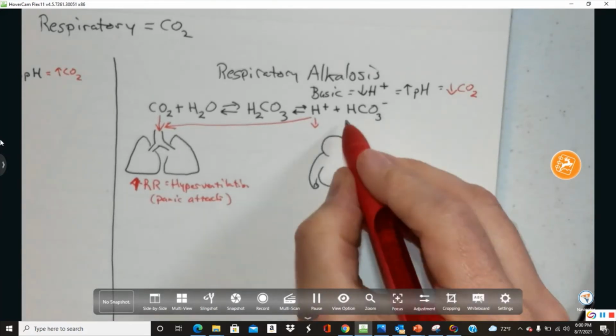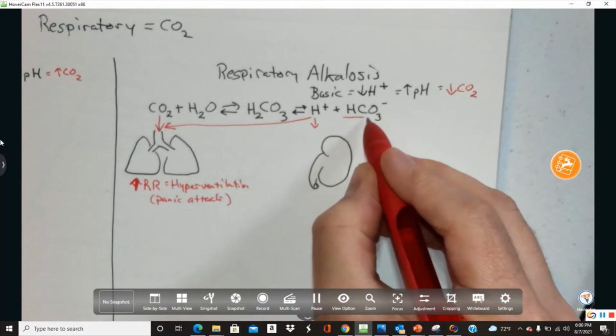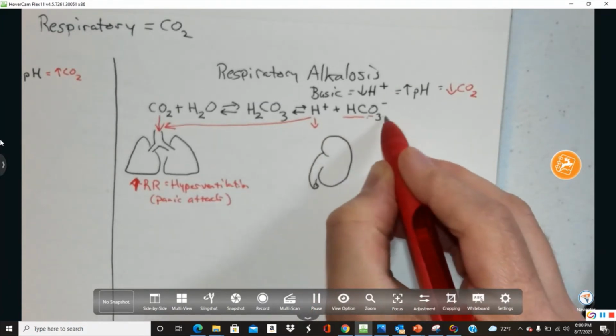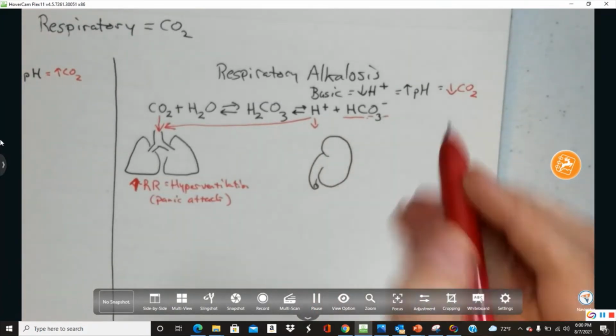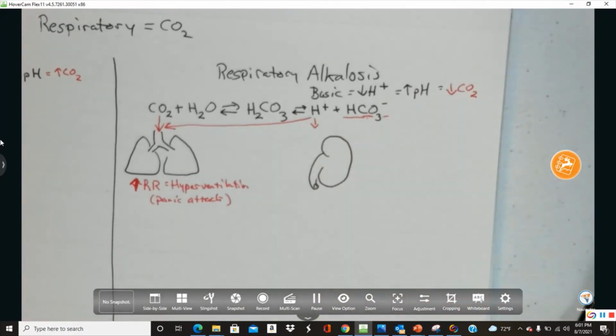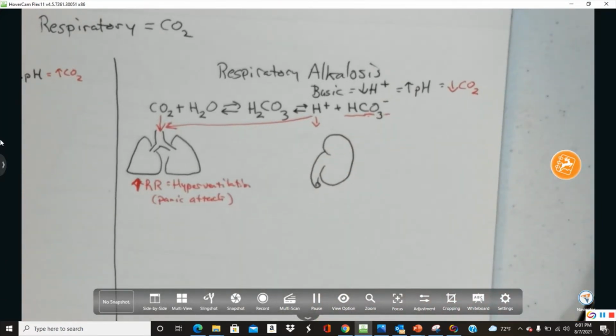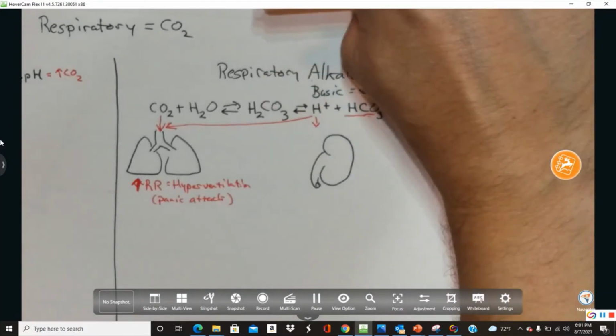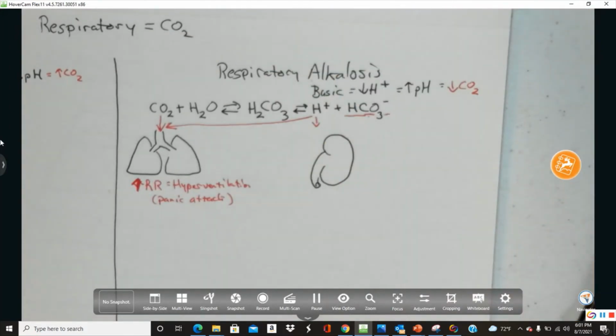Even though your bicarb stays normal at 20 to 28 milliequivalents, it's still relatively higher, along with other bases. So we've removed our most important acid from our body, so our pH has gone up. It has caused an increase.